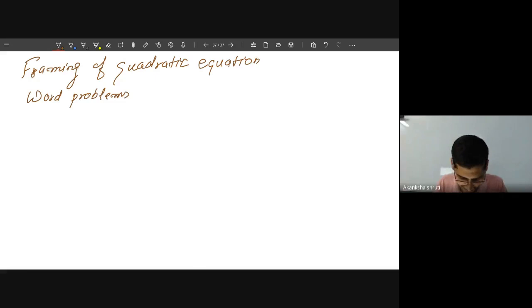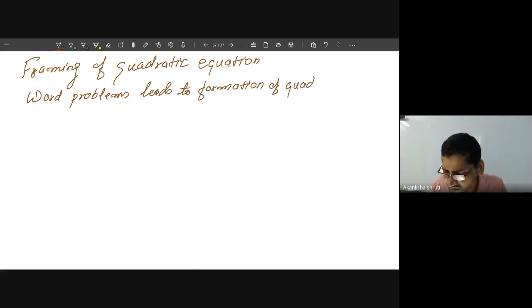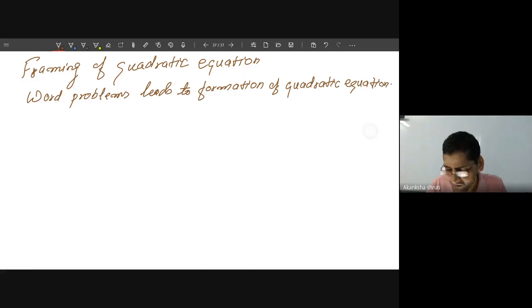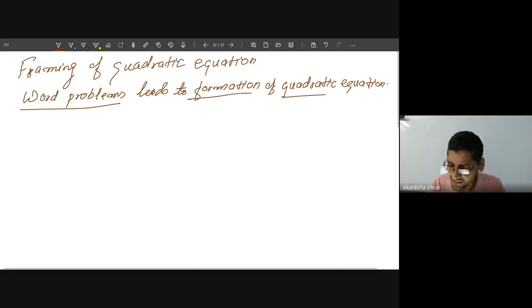Problems on formation of quadratic equation. Means in a statement the condition will be given and you have to frame the quadratic equation.